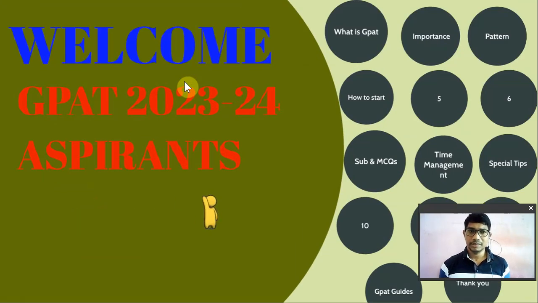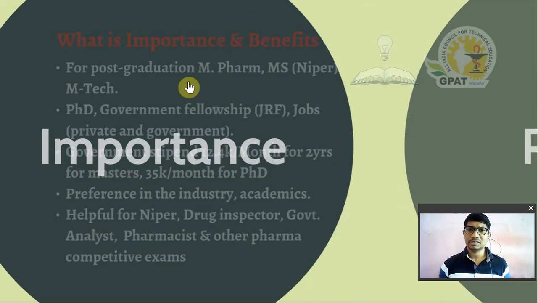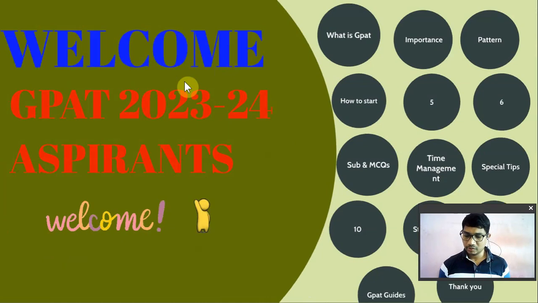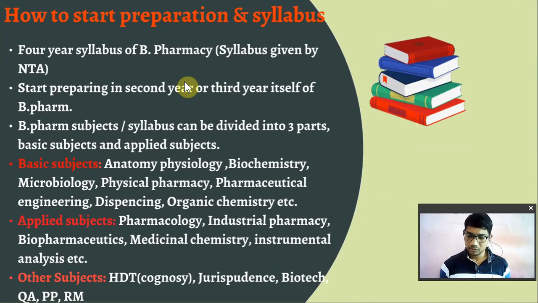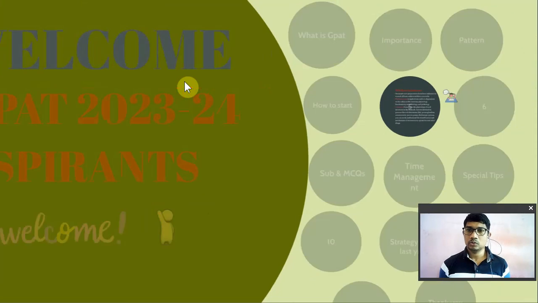We have seen in the previous session these points: importance, benefits, how to start, what is the pattern for the exam, how to divide the syllabus, which subject you have to choose, which subject you have to read first, and how you have to read.